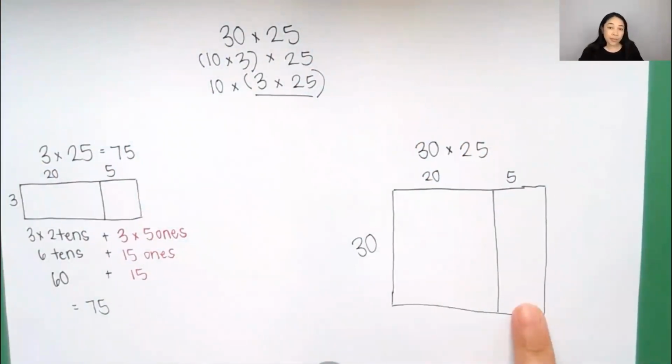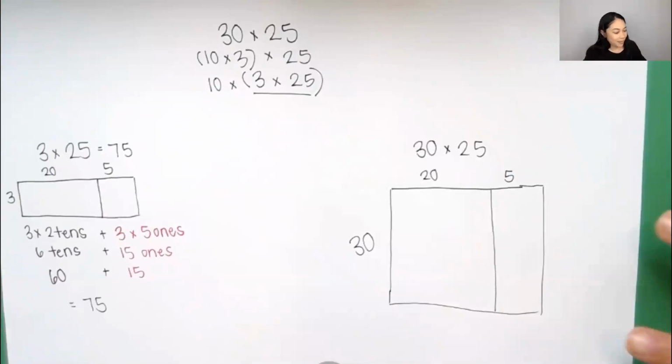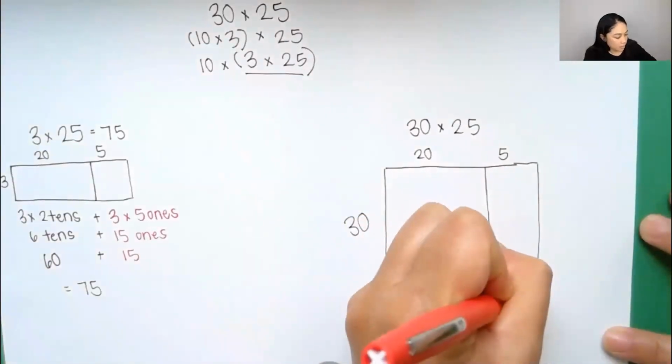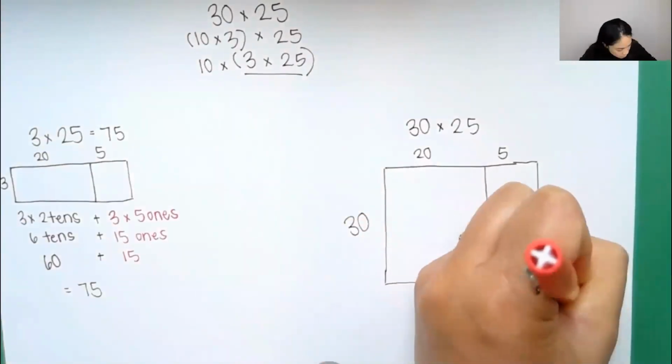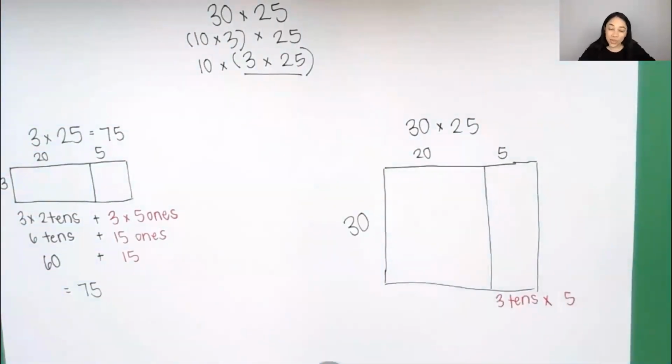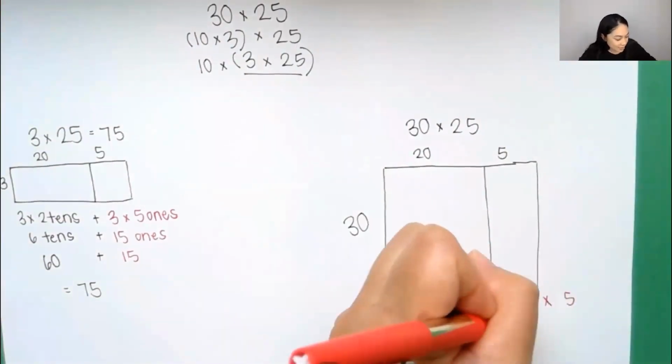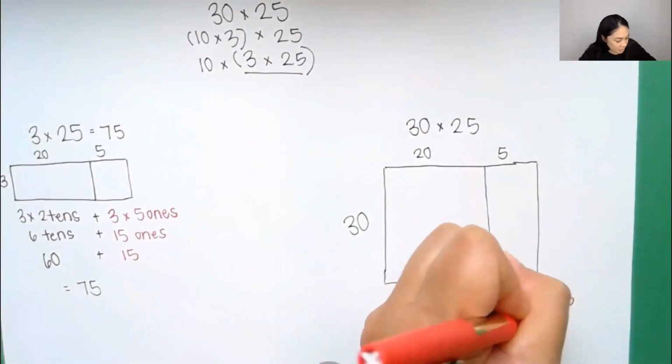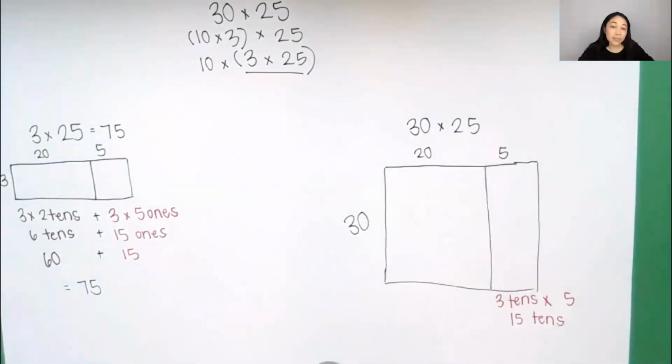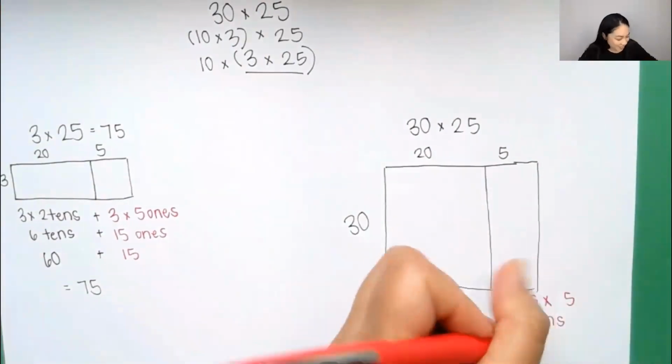In unit form, give me a multiplication sentence to find the area of this portion. 3 tens times 5. 3 tens times 5 equals 15 tens, or 150.